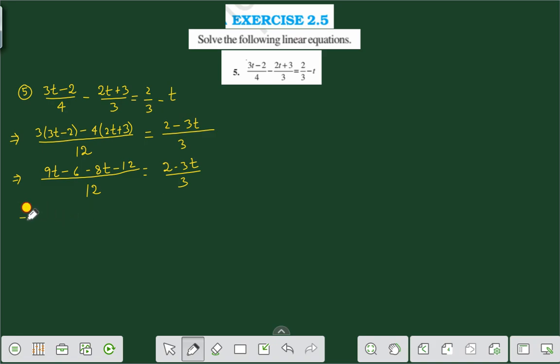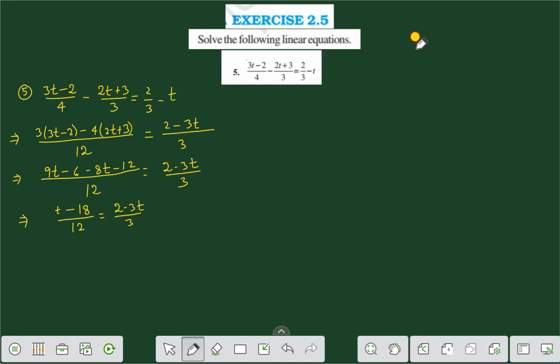Or you can get here 9t minus 8t, that is t, minus 12 and minus 6 is minus 18, by 12 is equal to (2 minus 3t) by 3, by cross multiplication.